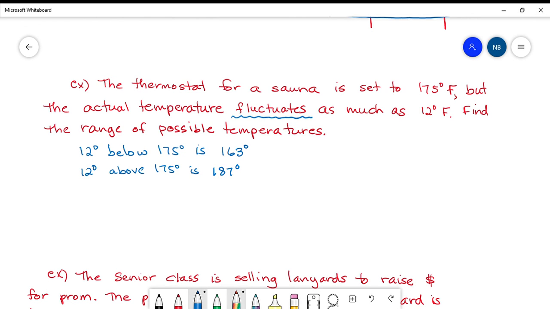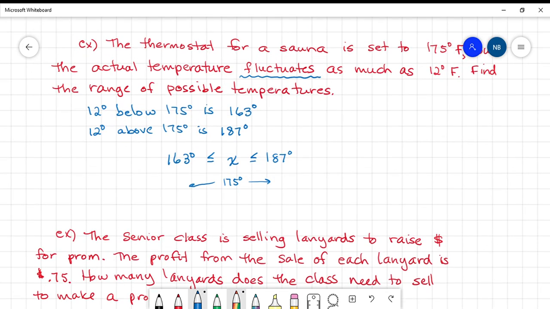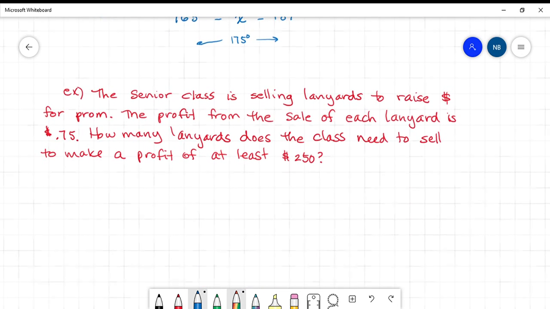So the answer is that the possible temperatures of the sauna are between 163 degrees and 187 degrees. Remember that 175 is sort of like the middle point, and we can go down 12 degrees this way, or we can go up 12 degrees this way. So x, temperature of the sauna, is trapped between 163 and 187.